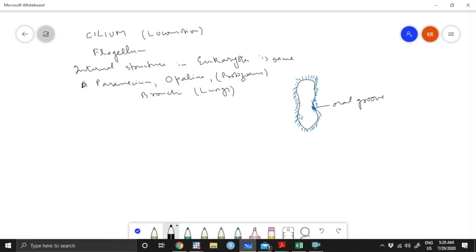So this part over here, for example, this is the membrane of the cell, the plasma membrane.